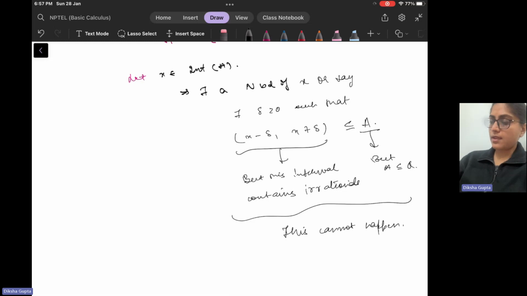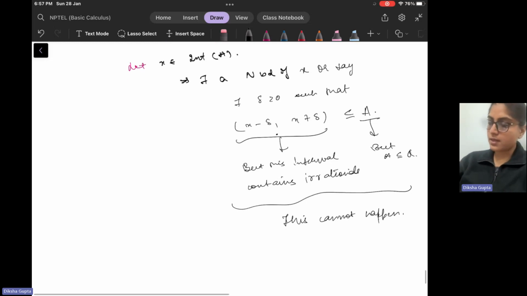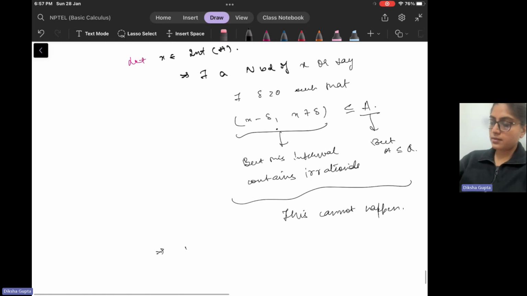Right, because between any two rationals there exists an irrational. We have studied this in the week lectures, sir has discussed this. So this cannot happen, implies there exists no such x, implies the interior of the set A is empty.